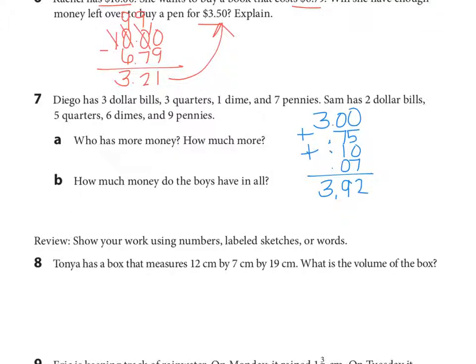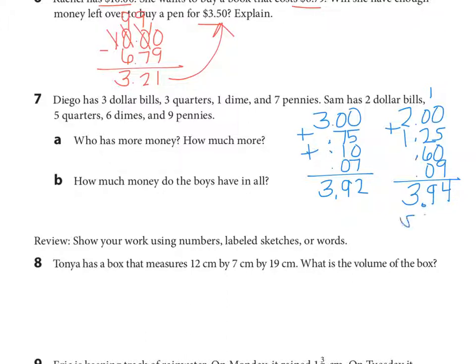And then Sam, she has $2, 5 quarters. 5 times 25 would be $1.25. 6 dimes is 60 cents, and 9 pennies. And so who has more money?